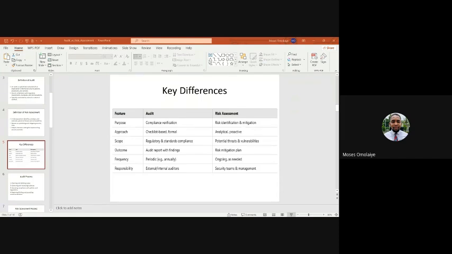For instance, that is one of the things I do. I am an auditor for 3 certification bodies when it comes to ISO 27001. So when an organization is seeking certification, when I'm not implementing, I am auditing on behalf of the certification body. Then the responsibility lies on the security teams and management for the risk assessment.